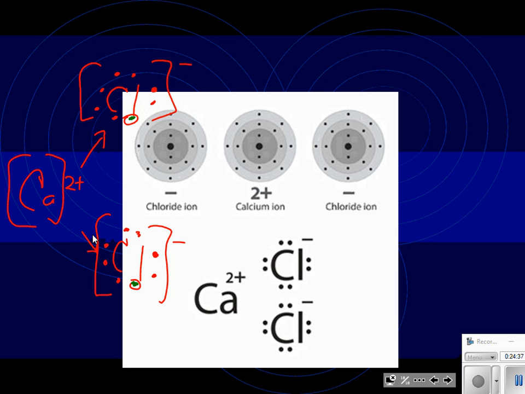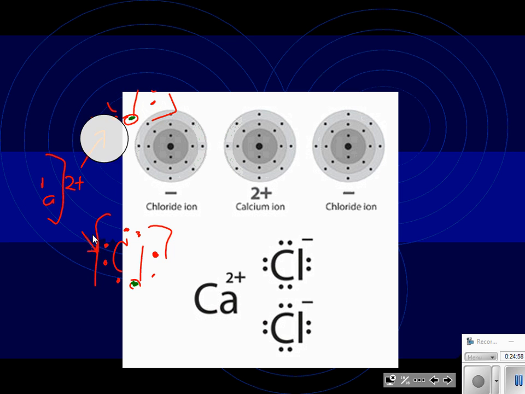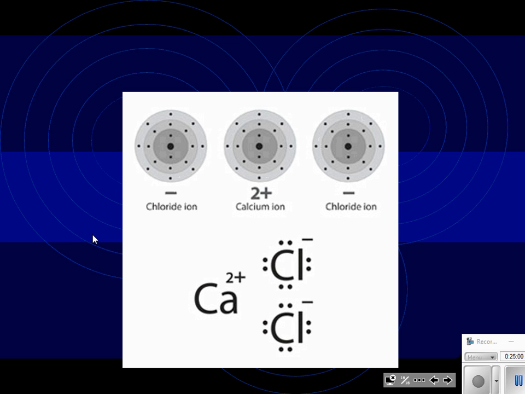Because I have 2 chlorines, each with a minus 1, and I have calcium with a plus 2. That's ionic bonding right there. Okay? That's ionic bonding, the transfer of electrons. Any questions about this for me?